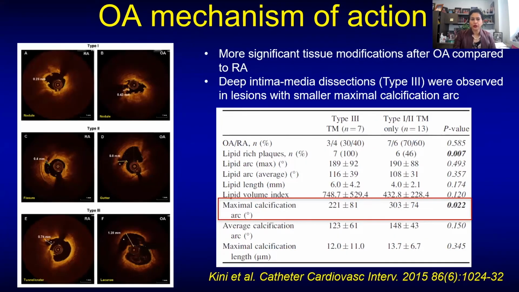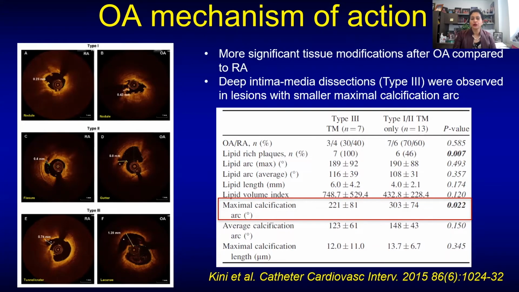We were the first also to show the mechanism of action of orbital atherectomy. When we did imaging, what we saw was that calcium arc was the key factor. If the calcium arc was larger, then your type of dissection, which is type 2, the dissection or cuts, were smaller.